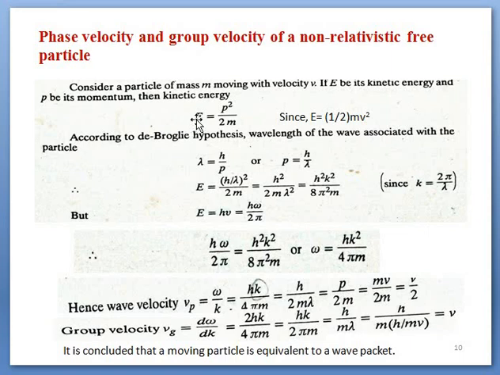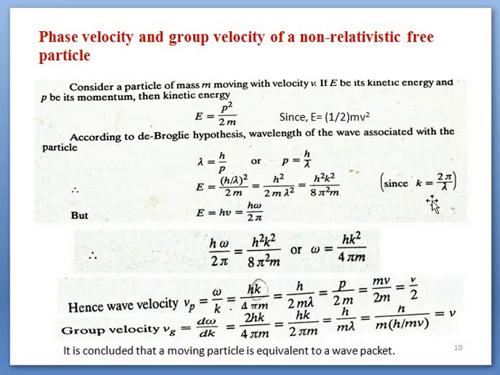So the energy of a matter particle is expressed by this equation. Now it will be transformed into another form using de Broglie's concept. According to de Broglie, lambda equal to h upon p, so p equal to h upon lambda. Substituting this, we get h square upon 2m lambda square.